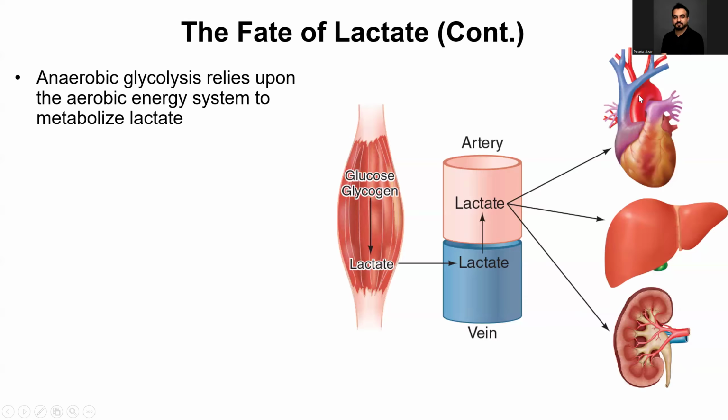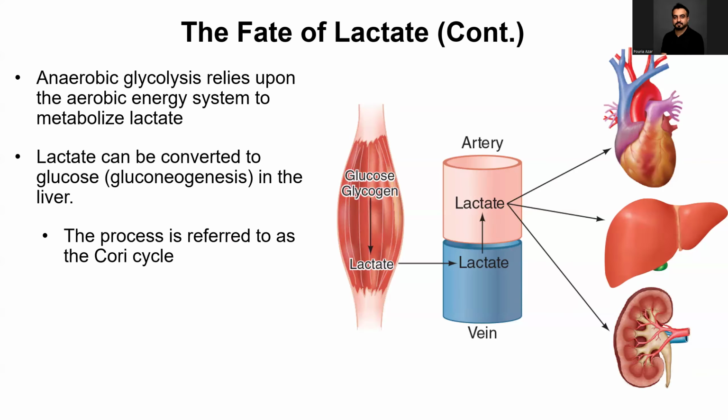And these tissues can use lactate as a fuel source. And lactate can be converted to glucose. It's called gluconeogenesis in the liver. So lactate can also be used for making glucose in the liver. So this is very important, just in the liver.